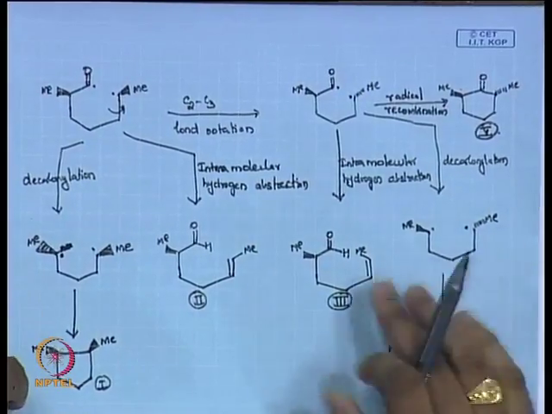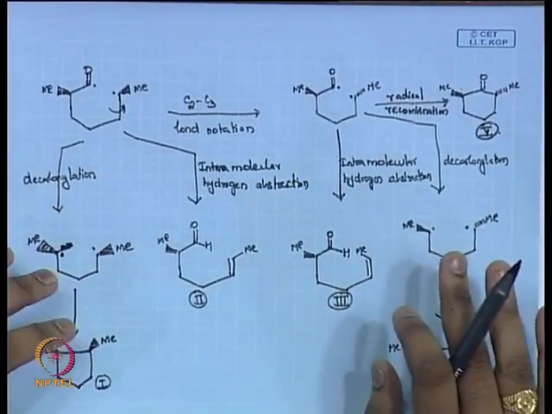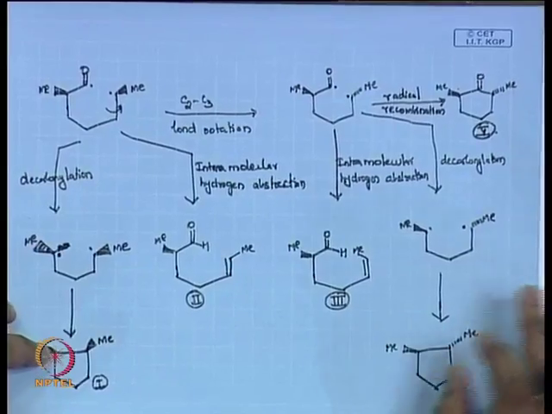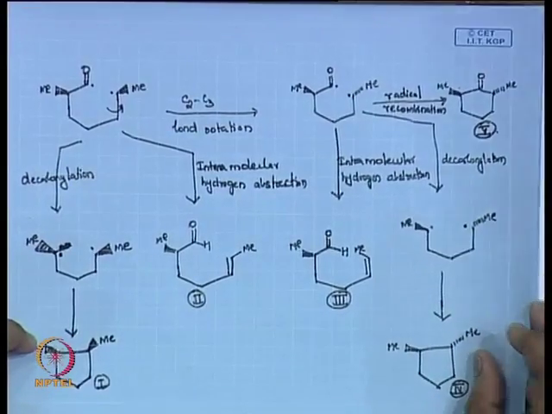So we have several examples like this. I am just going to give you this, and then in the assignment I will give you several examples based on this type of mechanism, right. Okay.